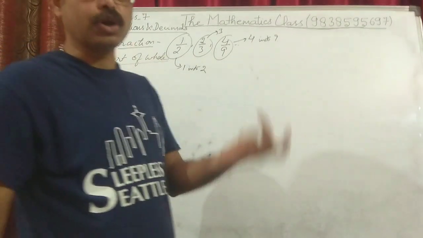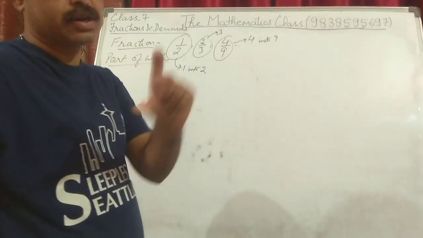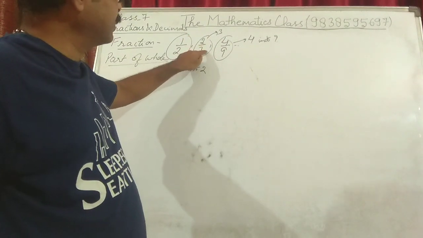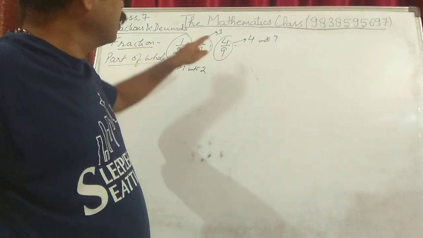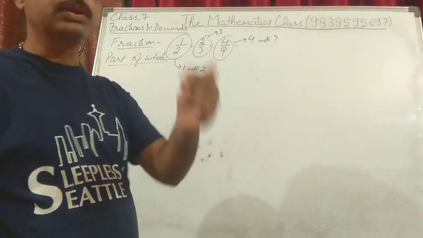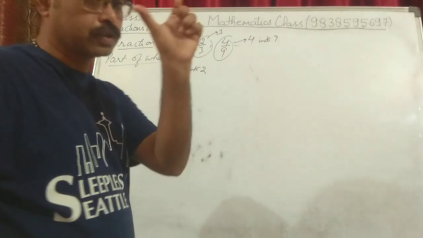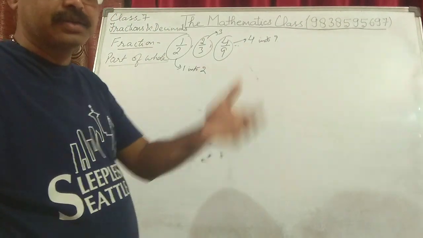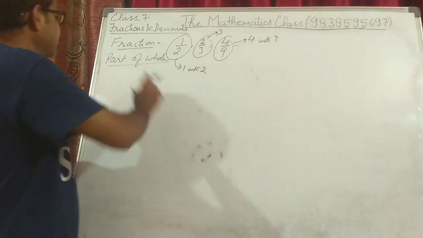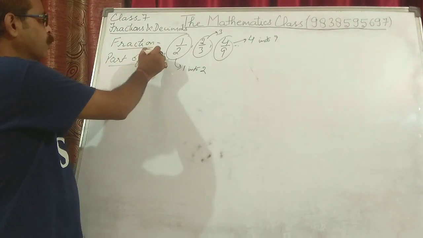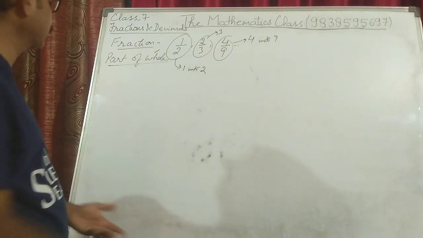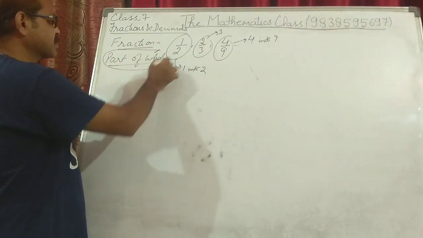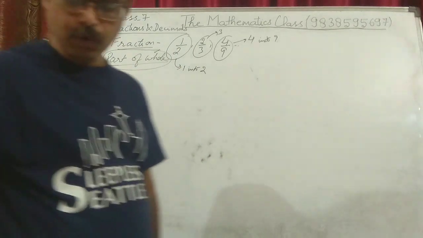If you take 2 chocolates, so 2 here is a whole number and you divide it among 3 children or 3 friends, each one will get 2/3. 2/3 means out of 2 we are making 3 equal parts. So what is the meaning of this? That a whole is divided into a given number of parts. So basically, fraction is a part of whole.